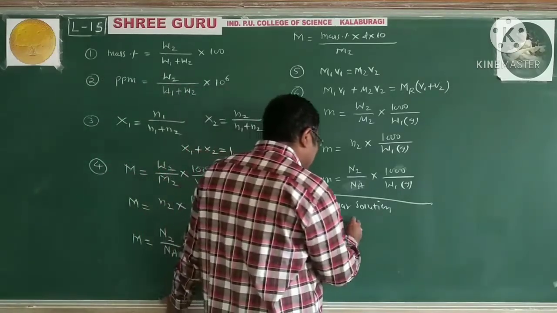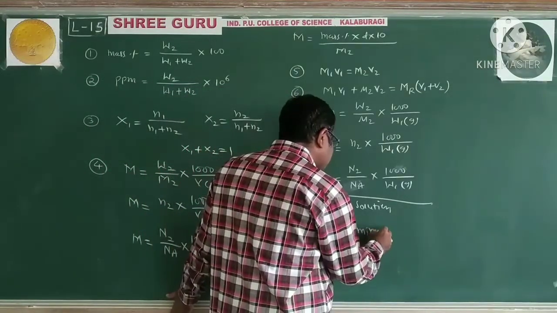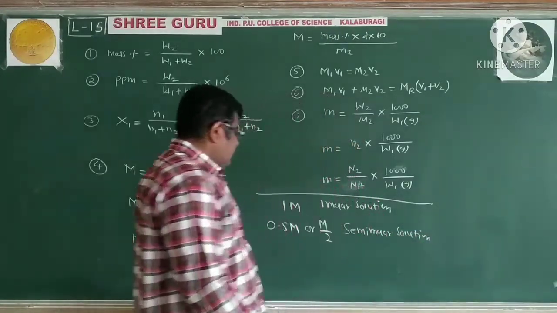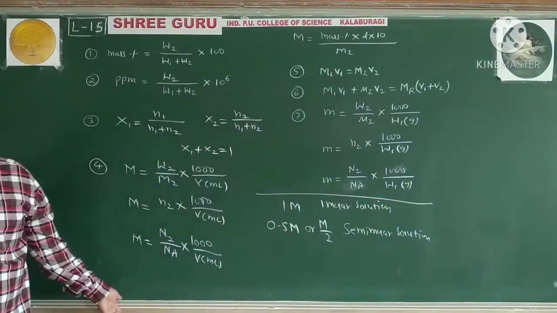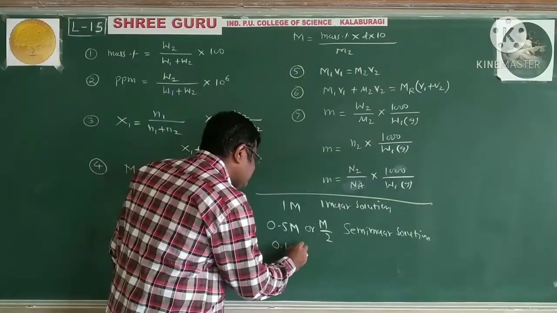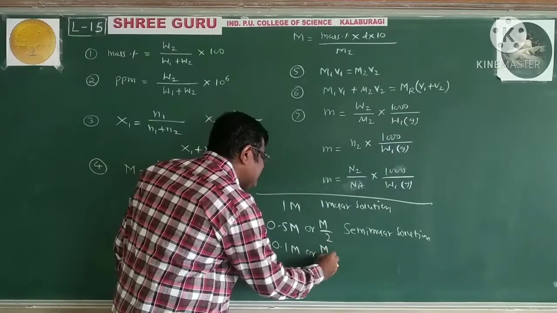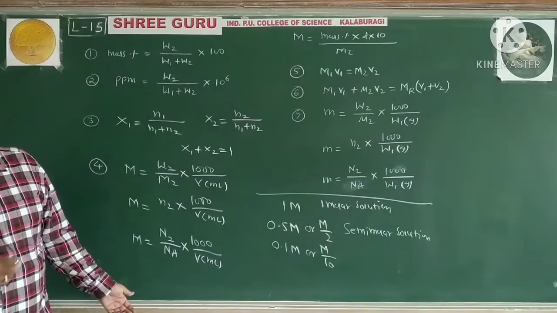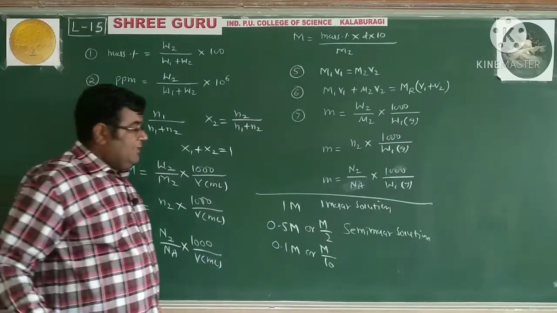Semi means half. And then 0.1 molar, or written as M by 10, because 1 by 10 is 0.1, is called decimolar.